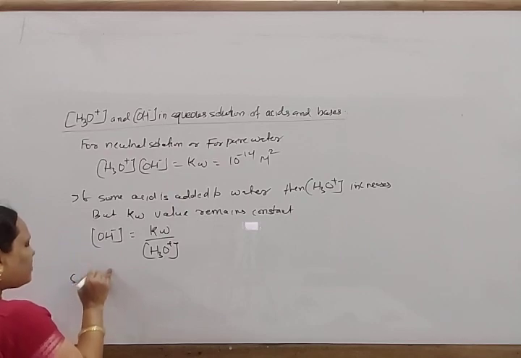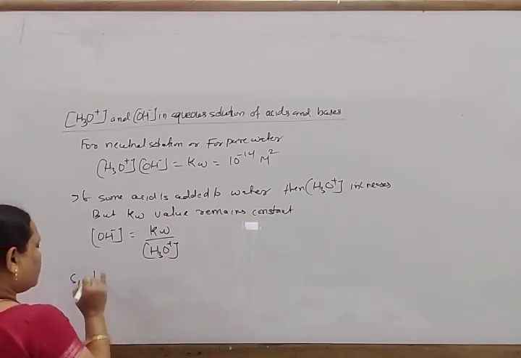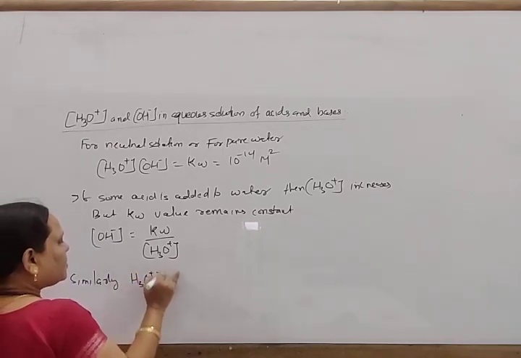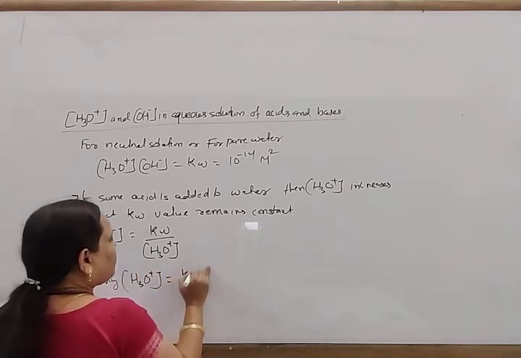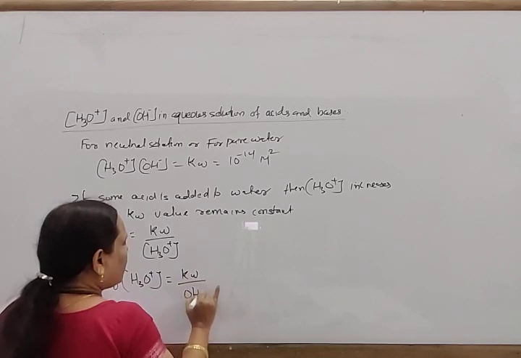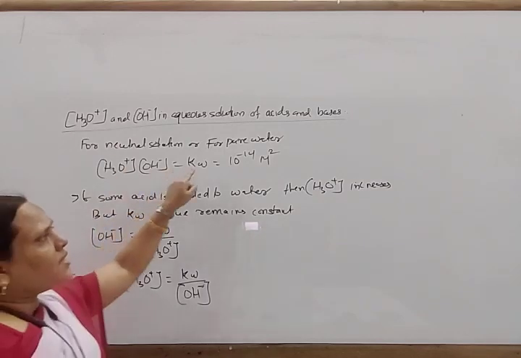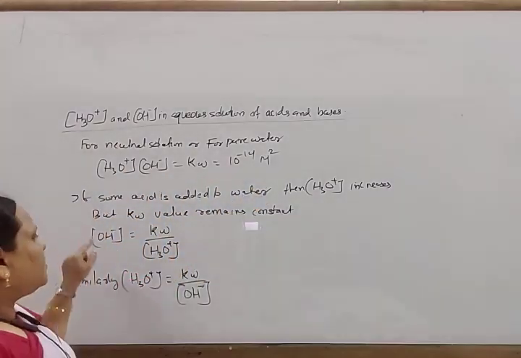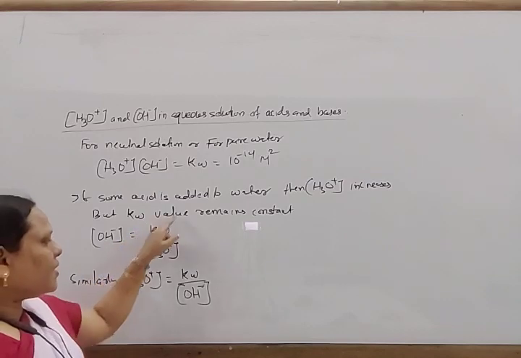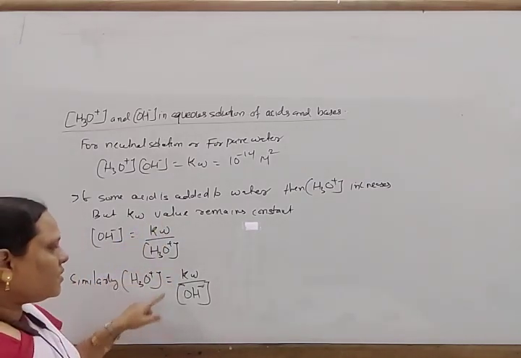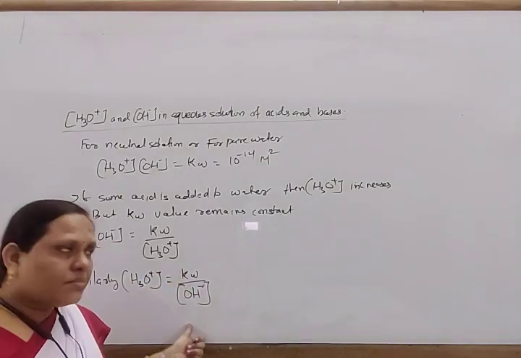Similarly, the H3O+ concentration is equal to Kw by OH- ion concentration. So this is natural: H3O+ times OH- equals Kw, which is equal to 10 to the power minus 14.